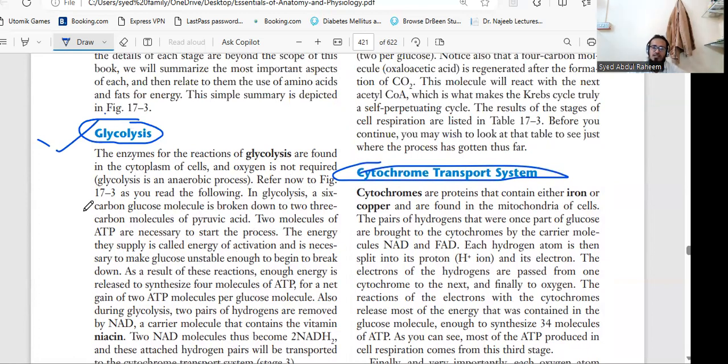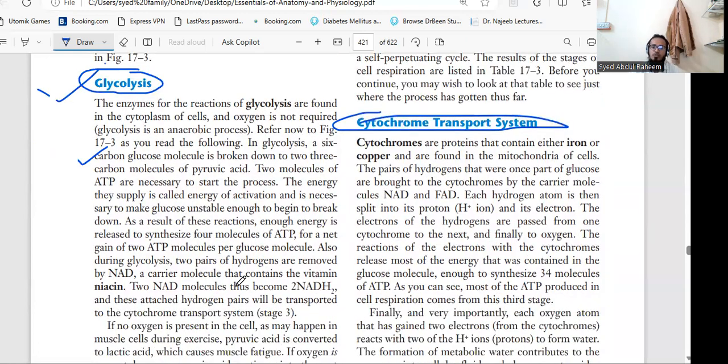In glycolysis, a 6-carbon glucose molecule is broken down to 3-carbon molecules of pyruvic acid. 2 molecules of ATP are necessary to start the process. The energy they supply is called energy of activation and is necessary to make glucose unstable enough to begin to break down. As a result of these reactions, enough energy is released to synthesize 4 molecules of ATP for a net gain of 2 ATP molecules per glucose molecule.